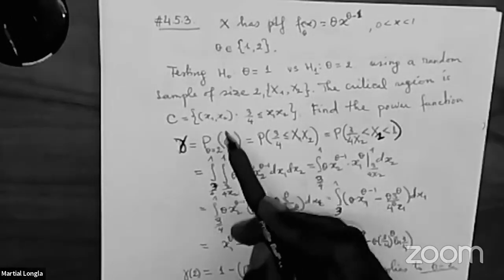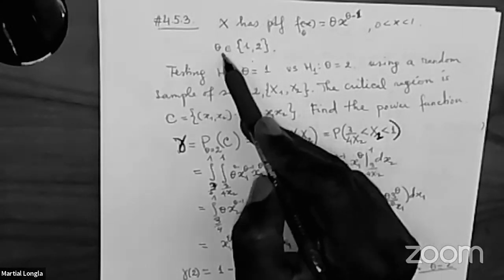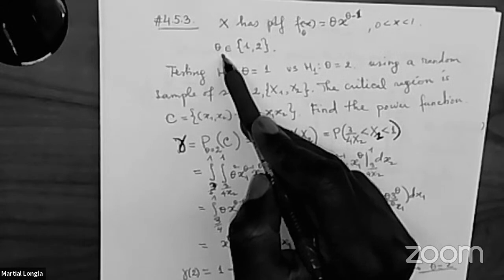Find the power function. So the power function has to be defined, in the book, for values of theta that are in the alternative, right?